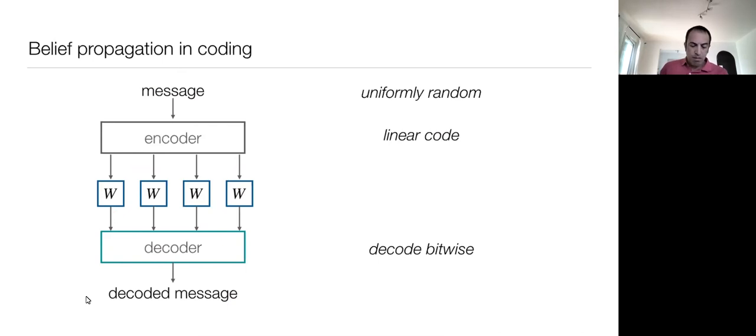In this case, what we're going to specialize to is the scenario where the messages are chosen uniformly at random. We're only going to consider linear codes, and we're going to try to decode bitwise. What that means is we're going to try to determine from all of the outputs here what this value is, and then what this value is, and so on.